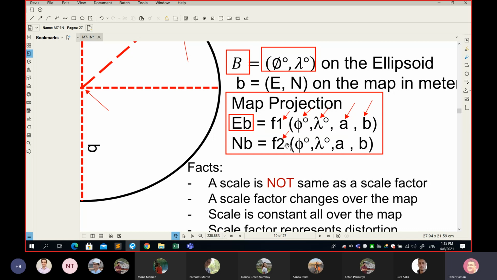In a nutshell, map projection takes as input the location of the point on the ellipsoid in terms of latitude and longitude, and it outputs the planar coordinates on my map in meters.